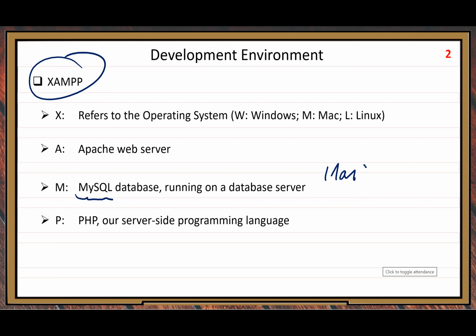So you need to uninstall XAMPP. Then one option is to download the M version, MAMP, starting with M. That's one possible solution, but you cannot guarantee it would work.